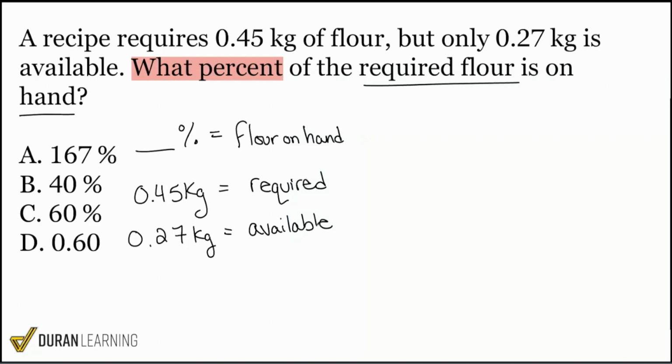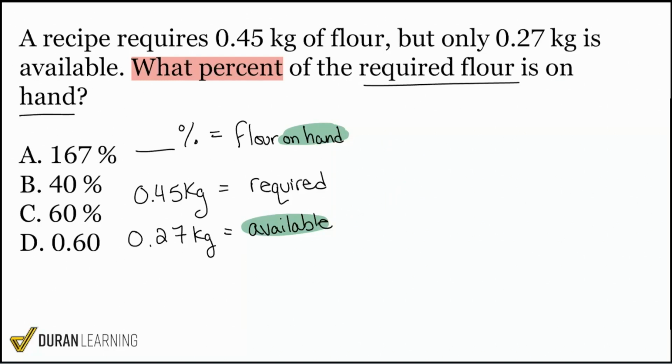Yeah, the phrase on hand, like how much you have on hand, that's how much you have available, everybody. So let's highlight that. Let's stick these together. On hand and available represent the same thing. So that means that the percent that we're looking for represents the 0.27 kilograms available. These two ideas represent the same thing.